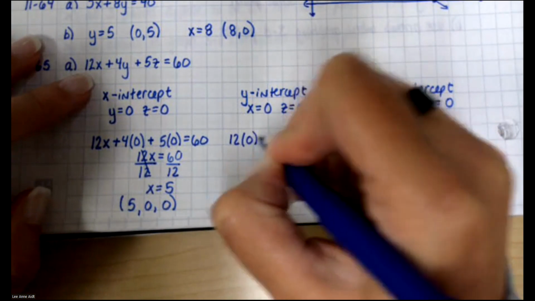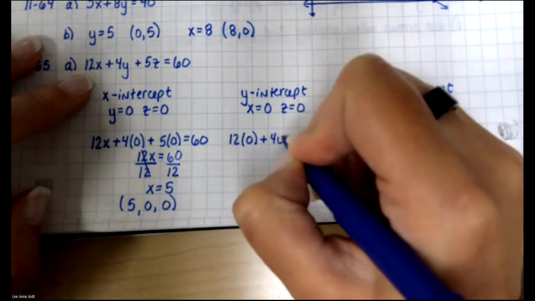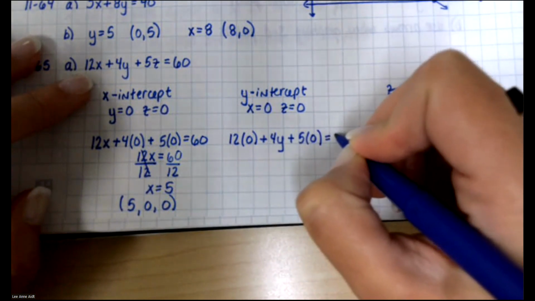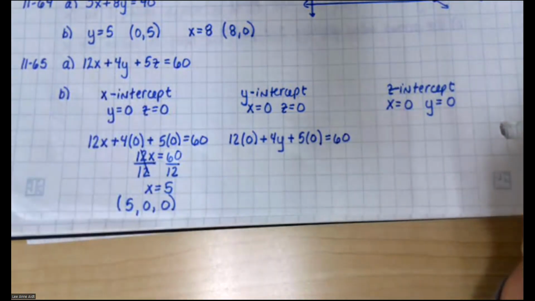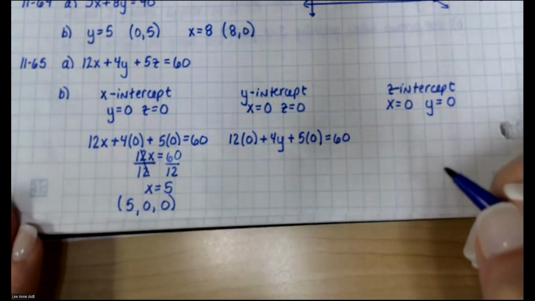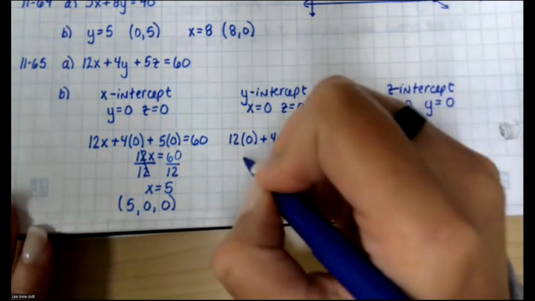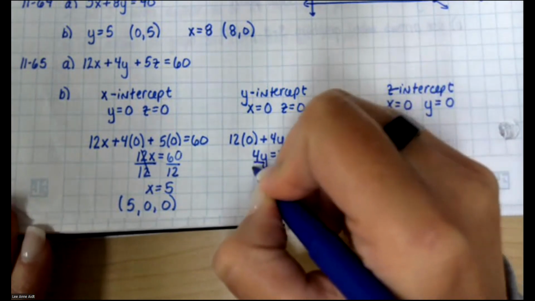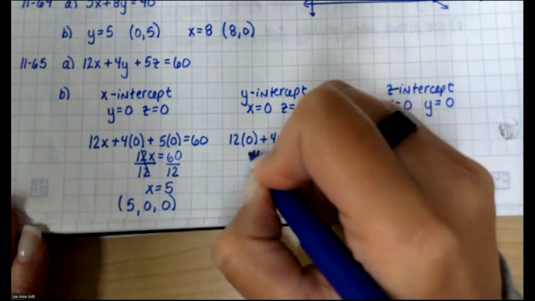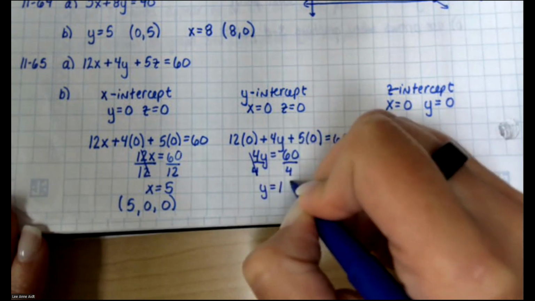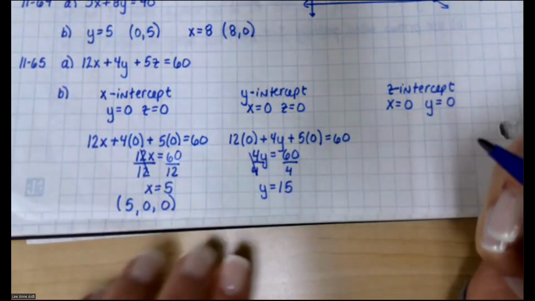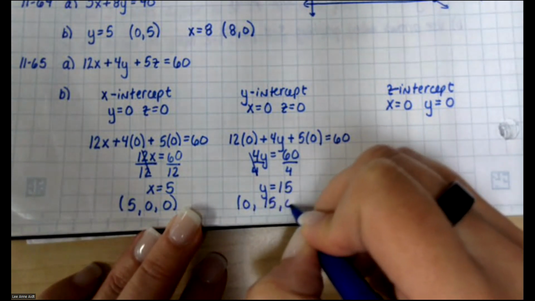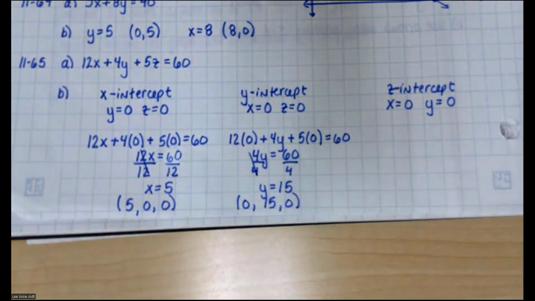So the y-intercept: 12 times 0 plus 4y plus 5 times 0 equals 60. 4y equals 60. Y equals 15. 0, 15, 0.